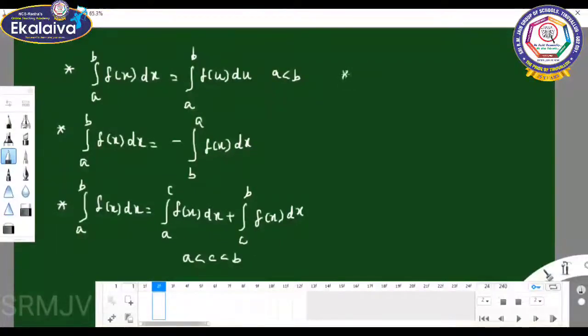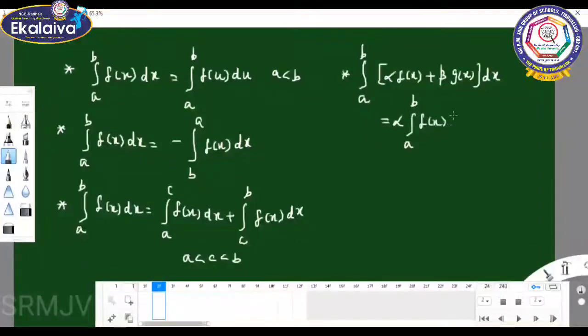The next property: integral a to b of alpha into f of x plus beta into g of x dx equals alpha into integral a to b f of x dx plus beta into integral a to b g of x dx.